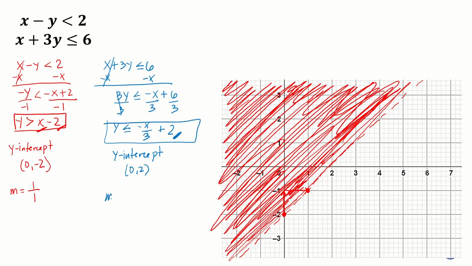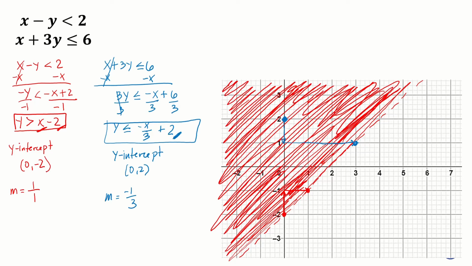Next is the slope. We have a denominator here, so it's negative 1 over 3. Let's start from that y-intercept (0, 2), and it is right here. Negative 1 means 1 unit downward, and 3 means 3 units to the right. So that's 1, 2, 3.